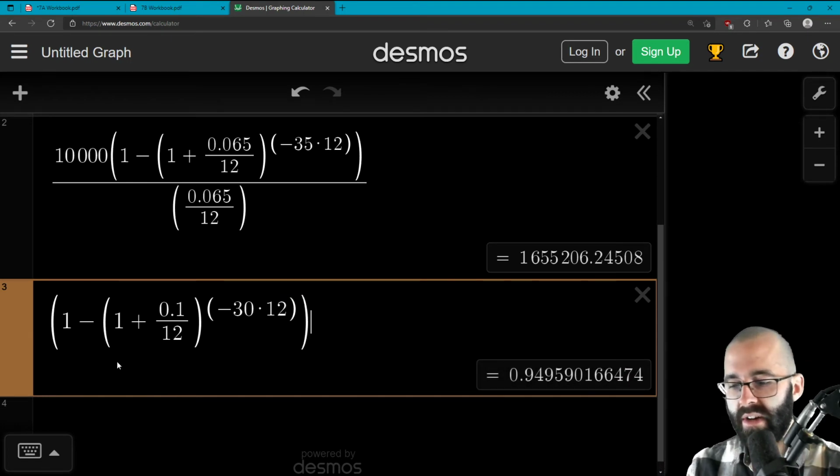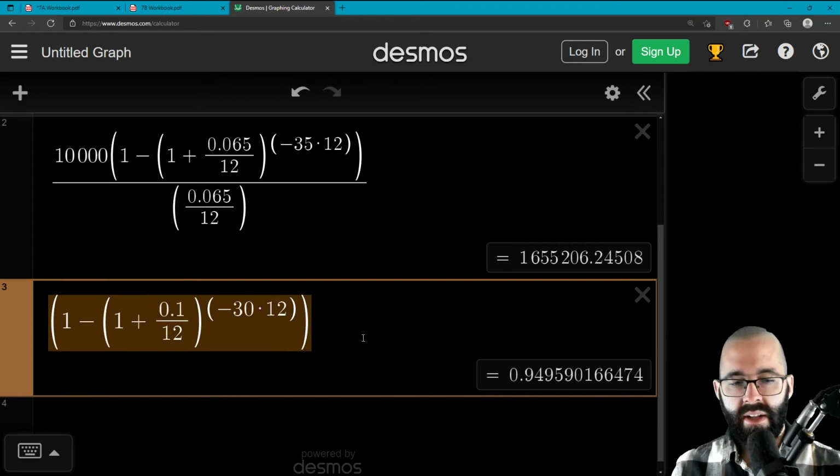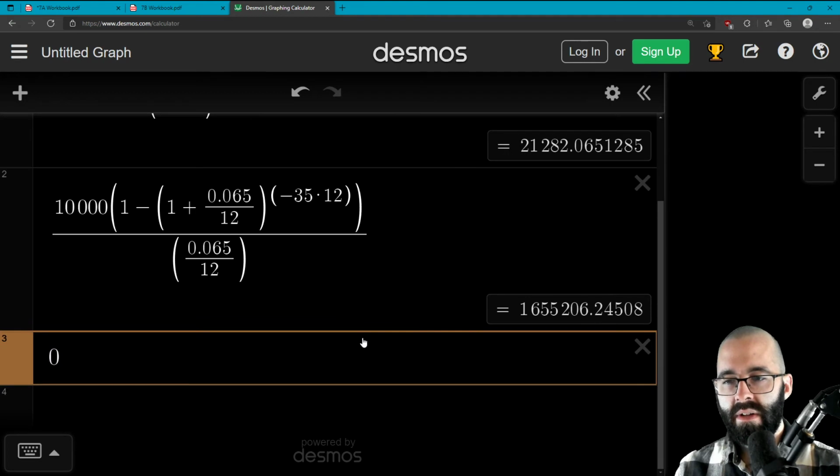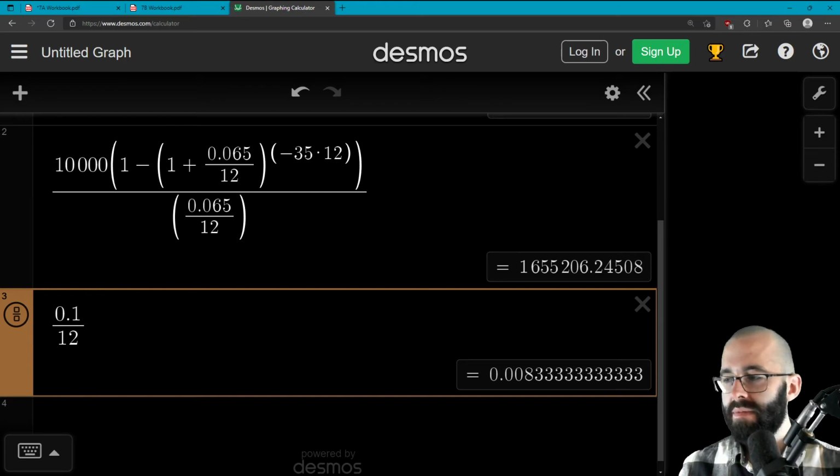That is our numerator. And again, give us a lot of digits, 0.9495902. That should be enough. And then we also need the denominator, which was 0.1 divided by 12. Ugh. 0.0083 with the 3 repeating.